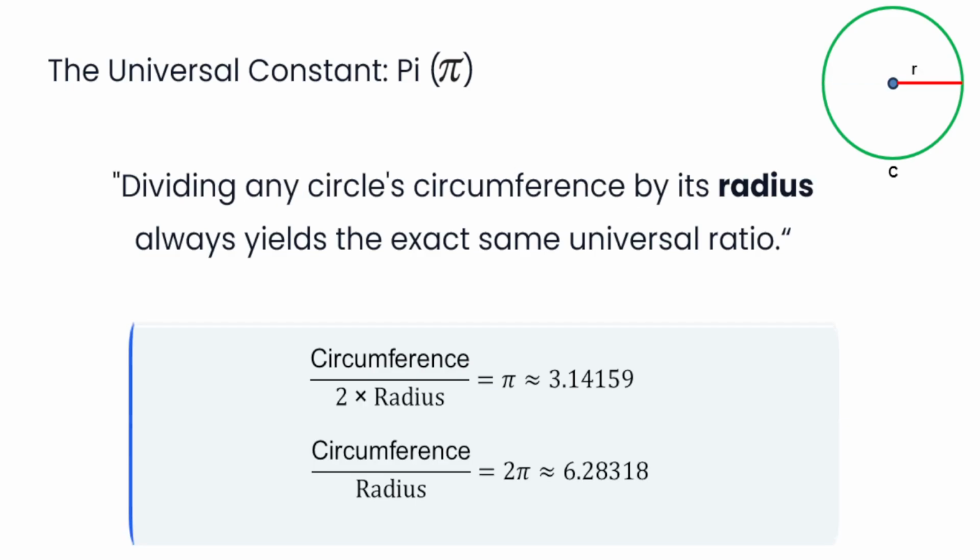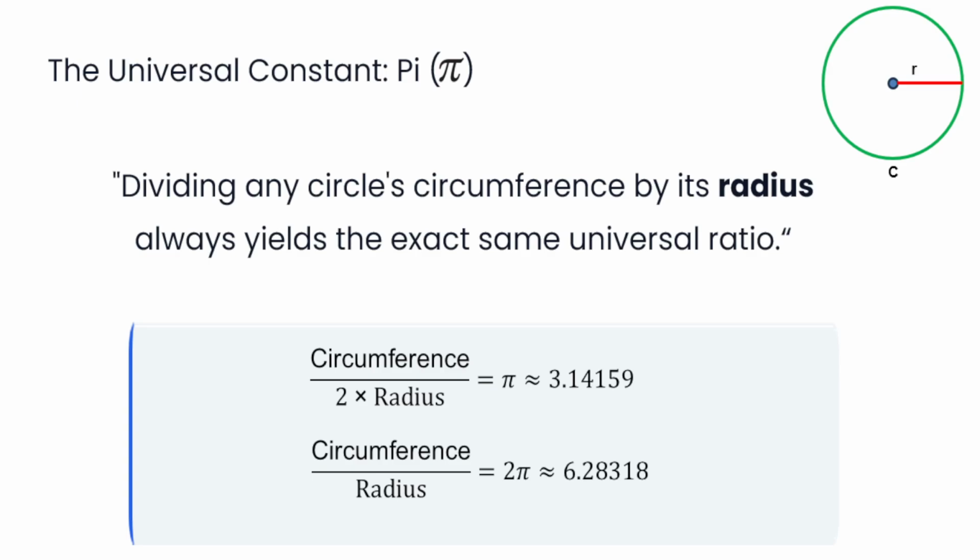Building on what we just saw, let's look at what happens when we use the radius instead of the diameter. As you can see here, the red line now represents r for the radius, which is simply half the diameter. Because a full diameter is made up of 2 times the radius, if we take the circumference and divide it by the radius instead, the result is double our previous number, exactly 2 pi, or about 6,28.